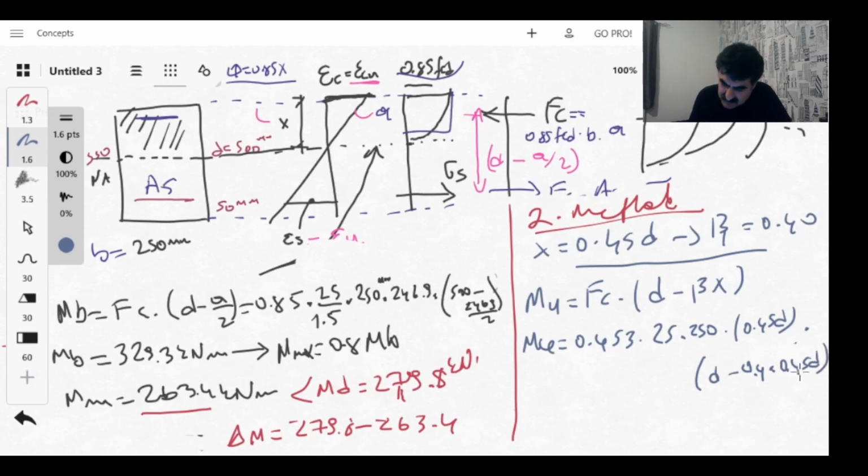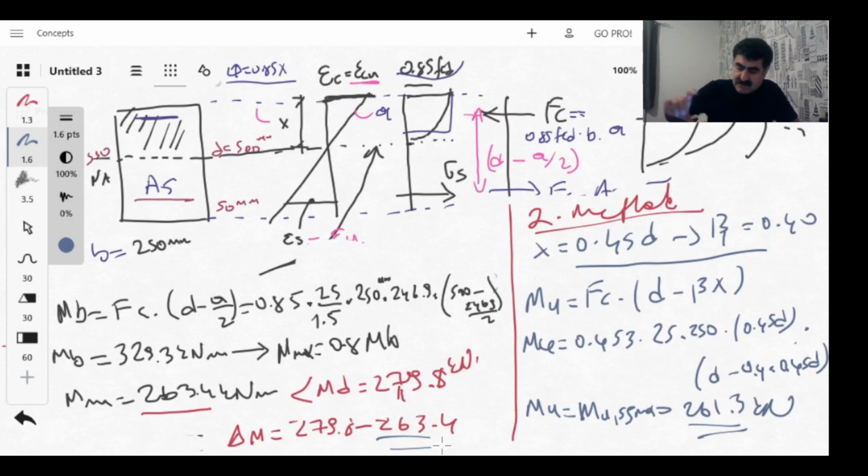From these equations we can calculate Mu, which we call Mu,sg,max, and this is equal to 261.3 kilonewton meter. So from the equations and from the balance equilibrium we get almost similar results. Both ways end up with similar results.